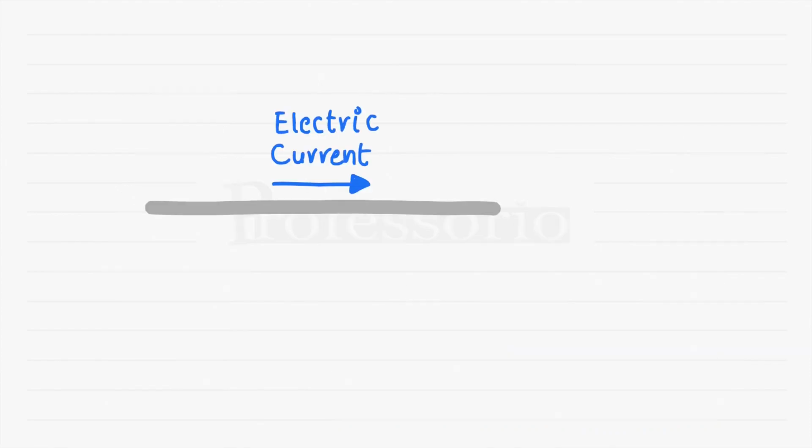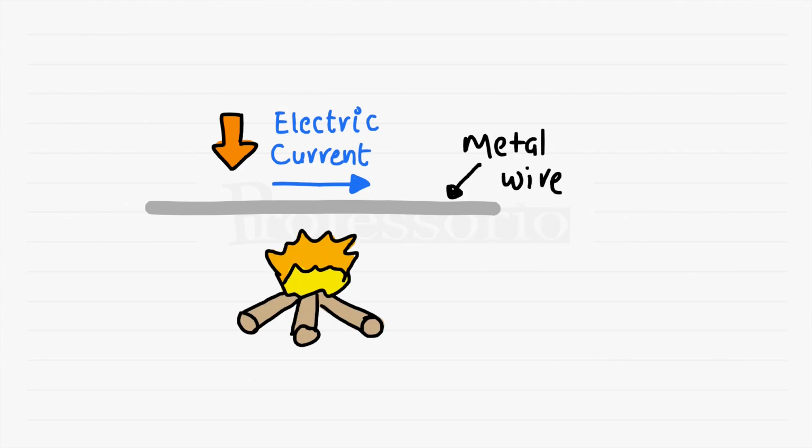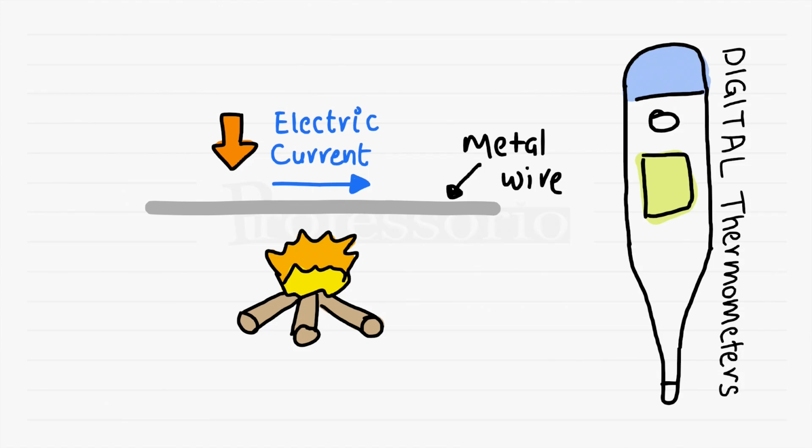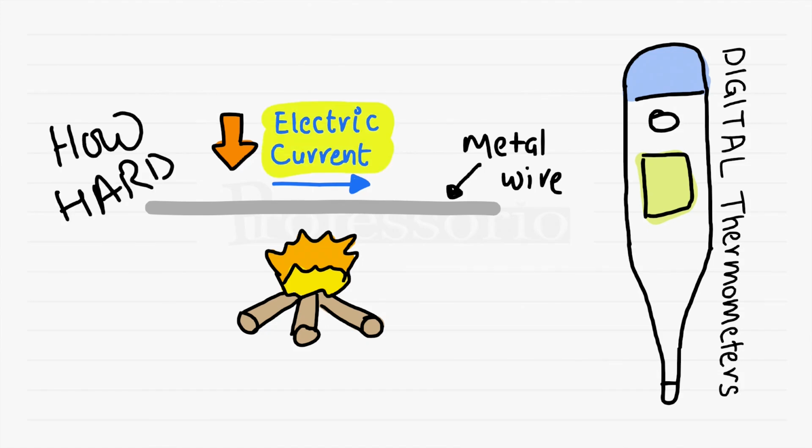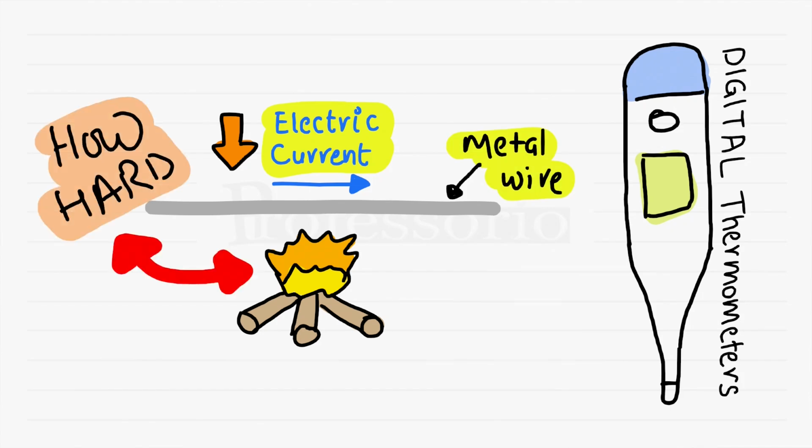For example, the flow of electric current through a metal wire decreases as the wire gets hotter, and this property is used to make digital thermometers. They measure how hard it is for electricity to pass through a tiny metal sensor. That resistance to the flow of electricity is then related to the temperature.